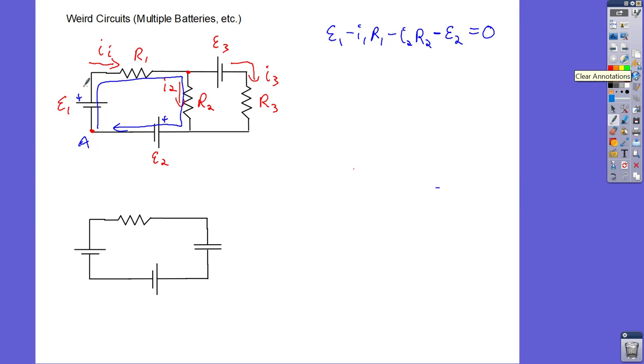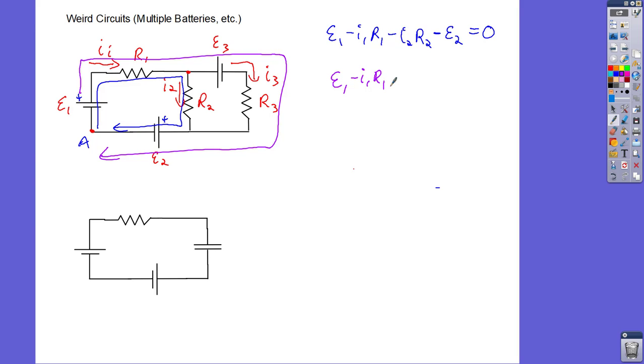And then you can go around the outside loop. Again, we would have E1 minus I1 R1. And then we'd have a minus E3, and then a minus I3 R3 equals 0.